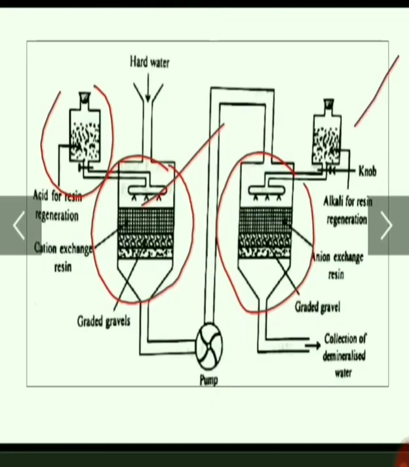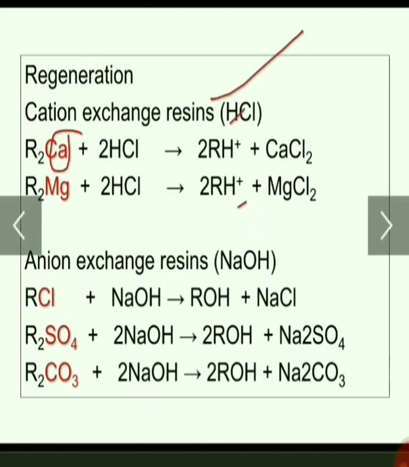When you sprinkle base here, this RCl reacts with sodium hydroxide. Cl will be replaced by OH minus. Similarly, sulfates will be replaced by OH minus. Carbonates will be replaced by OH minus. So this one is the regenerated anion exchange resin. Again we can continue the process.